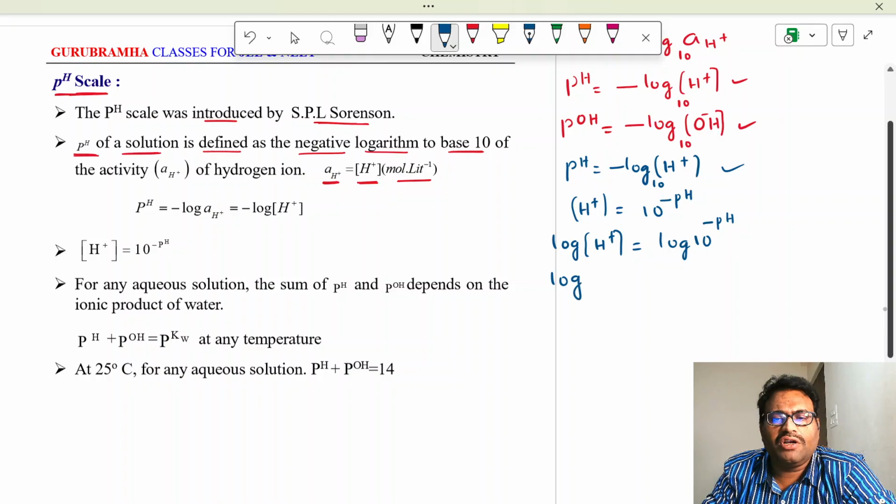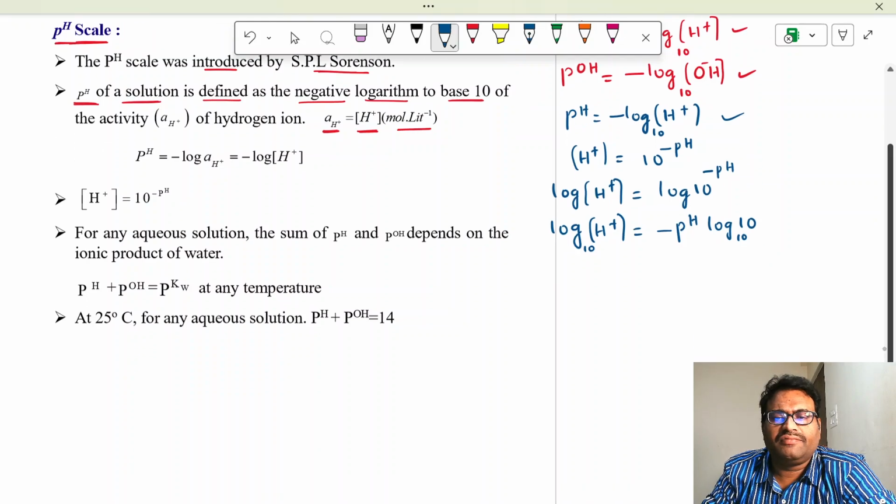So log H plus ion concentration is equal to minus pH log 10, base 10, and log 10 base 10 is equal to 1, so it is minus pH.